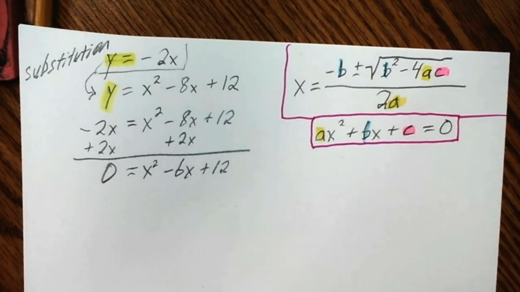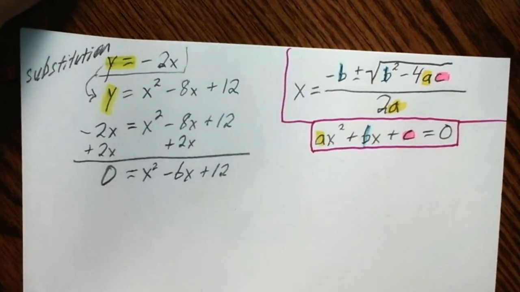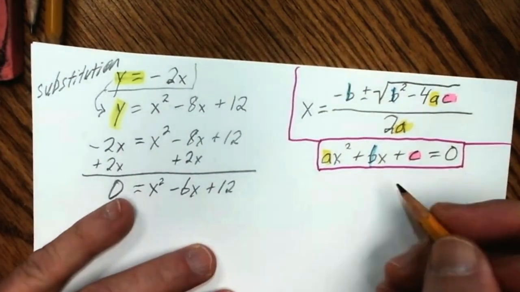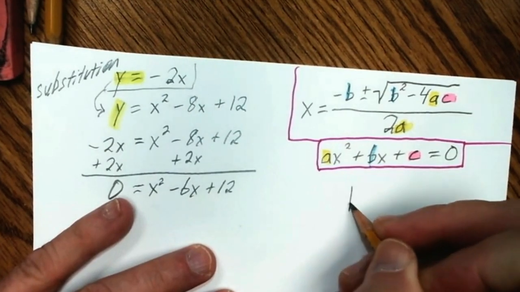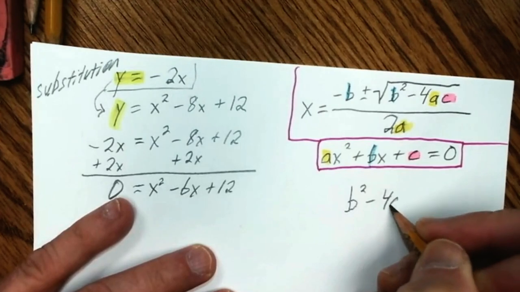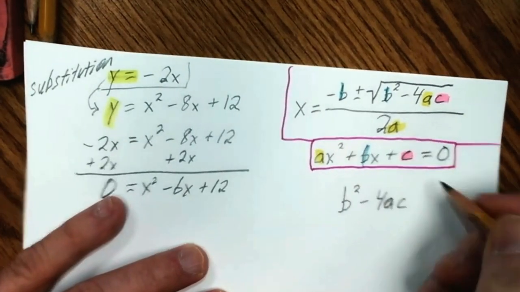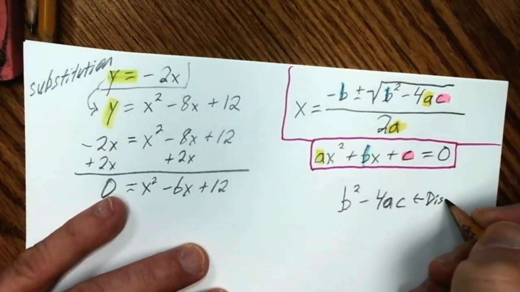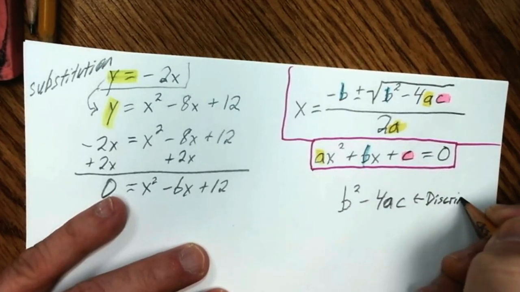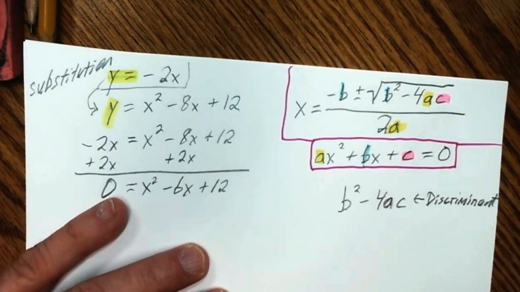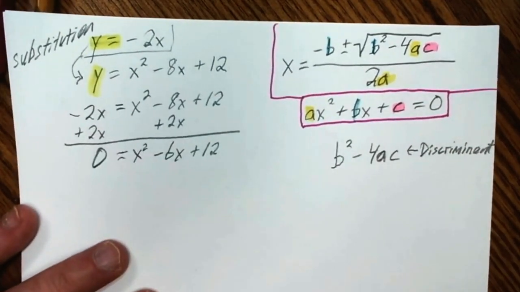Now, for systems of equations, I want to focus on just part of the quadratic formula. B squared minus 4 times a times c. This has a name. This is the discriminant.